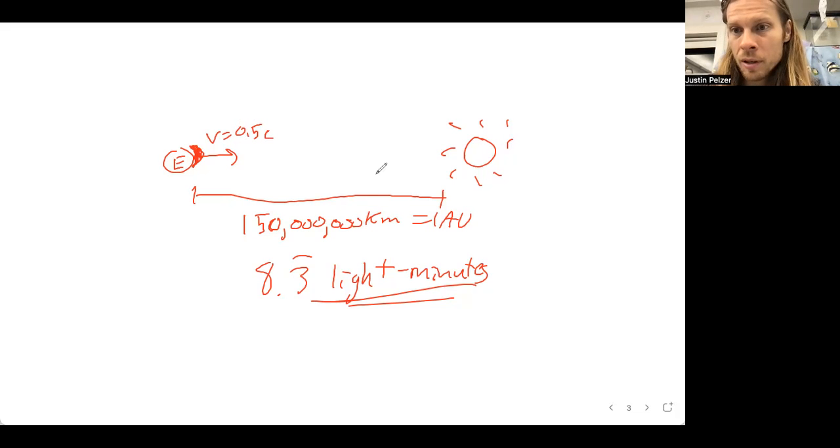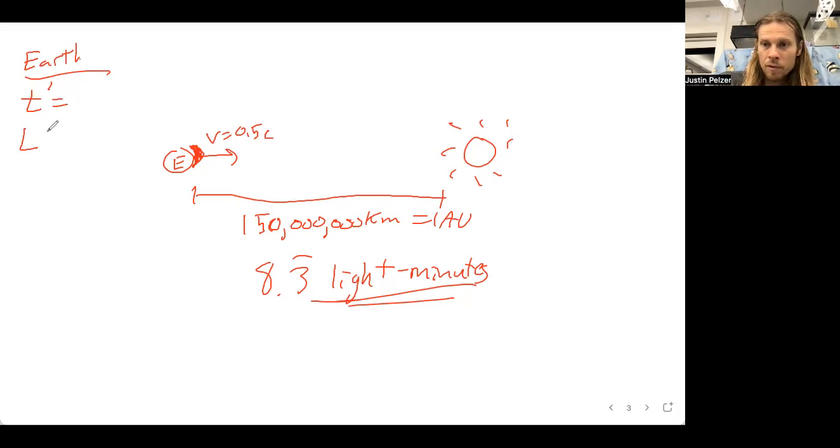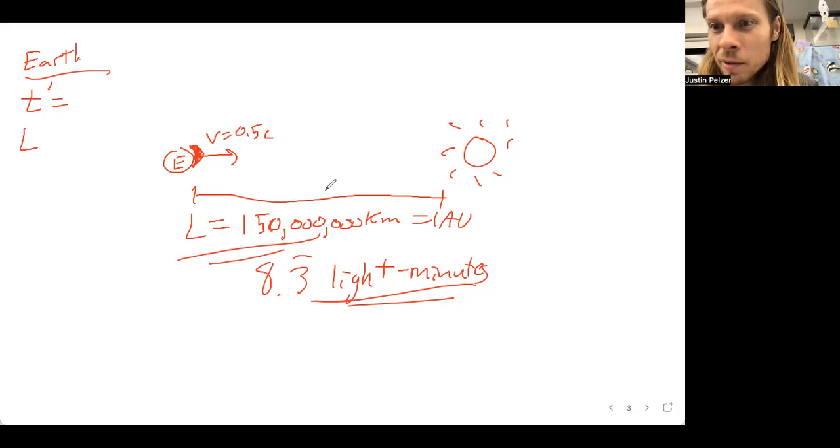I know the kilometers distance, right? So the question is, from Earth frame, I'm going to do Earth frame over here. What is t, and what is the distance? So t prime is the rest frame, and L is this distance. This is L. Because you can think of space as being at rest here.